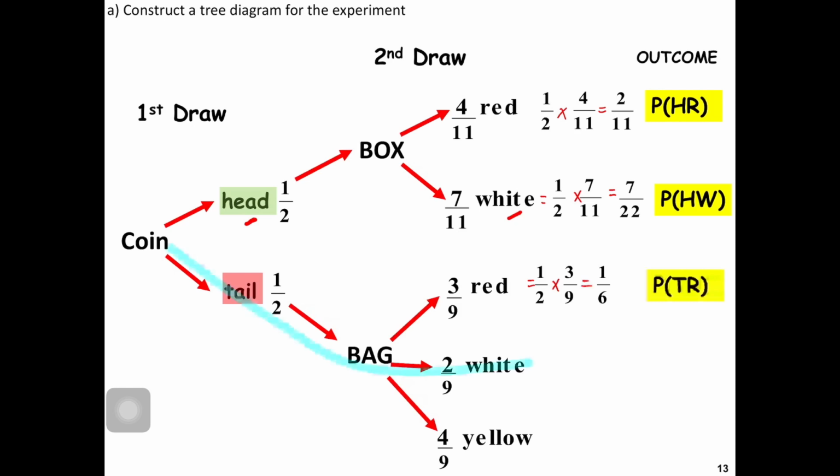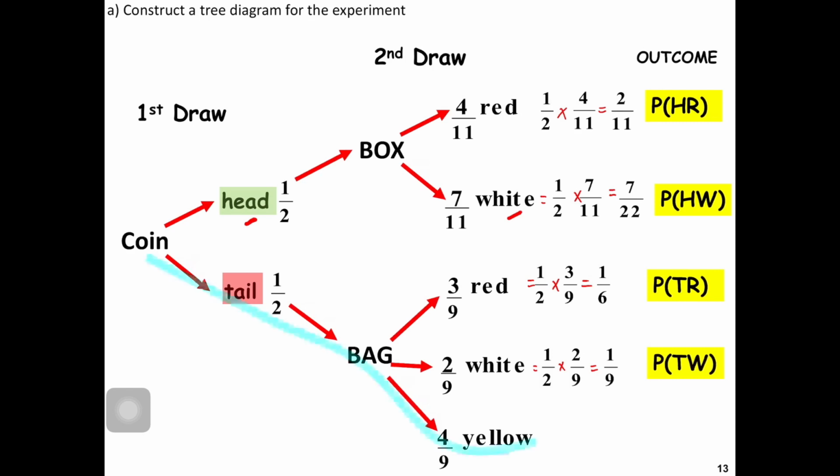Next, for the fourth branch, multiply along the branches: 1 over 2 multiplied by 2 over 9 to get an outcome of 1 over 9. The probability is 1 over 9 for tail and white, that is TW.